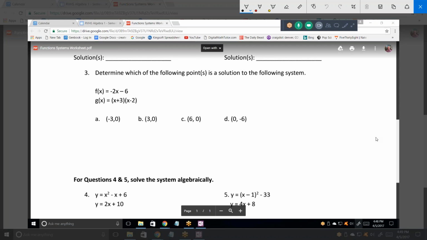So, how are we going to answer this? Do they care how you answer this, or when they give you a multiple choice, is the only thing that matters getting the right answer? I think it's just getting the right answer. Okay. If you're taking the SAT test, then it's only getting the right answer that matters.